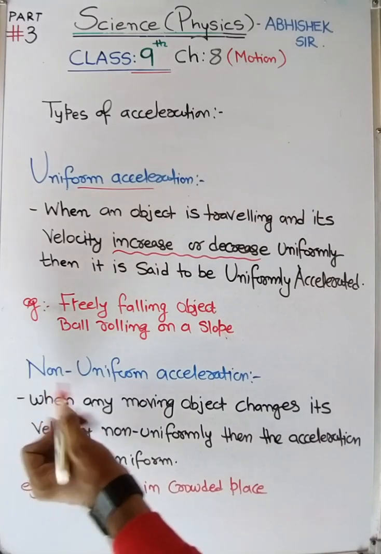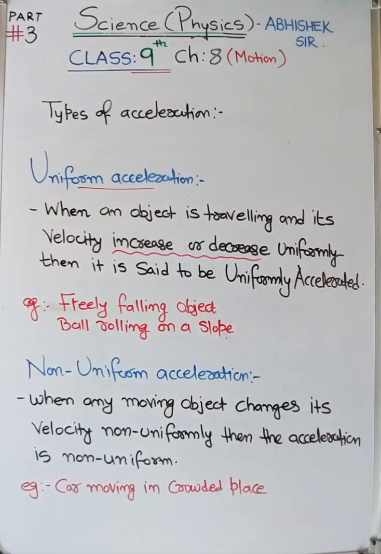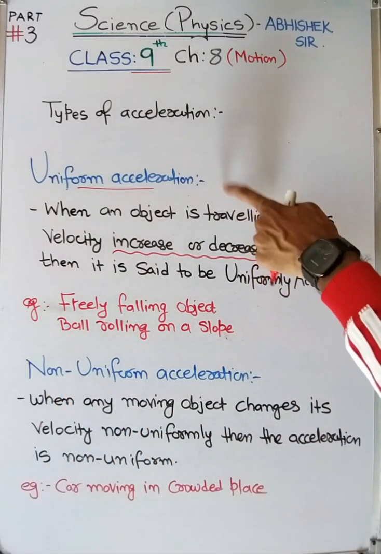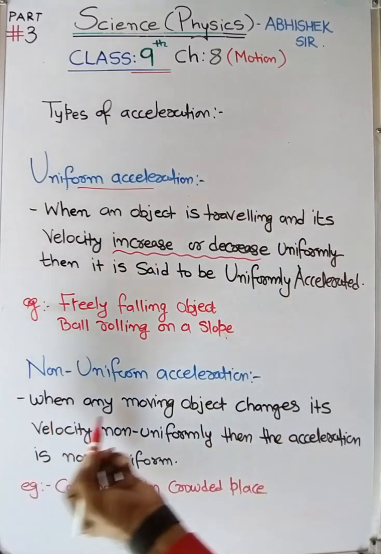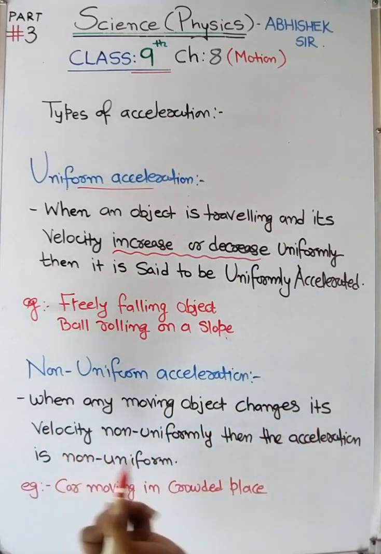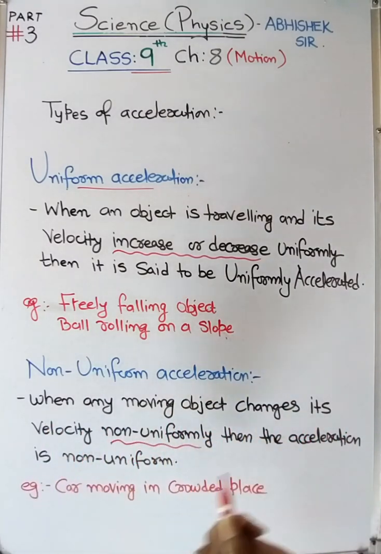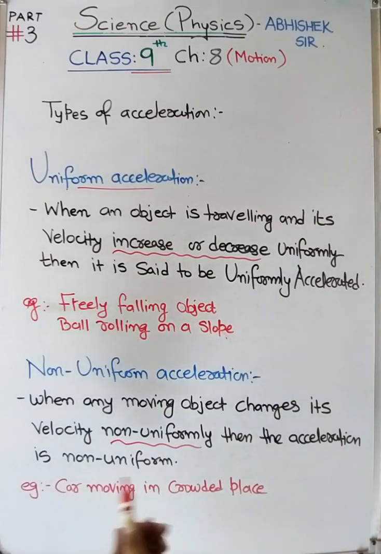Moving on to the second part, that is non-uniform acceleration. So that will be totally opposite of uniform. When any moving object changes its velocity non-uniformly, that means unequal velocity changes in equal intervals of time, then the acceleration is said to be non-uniform.